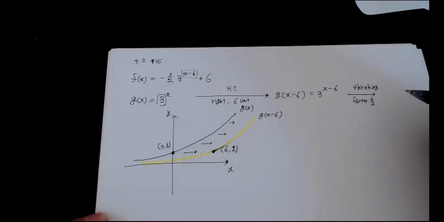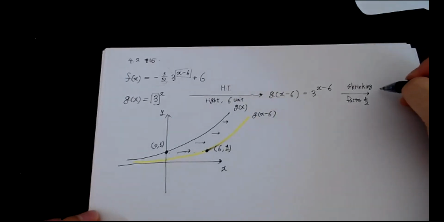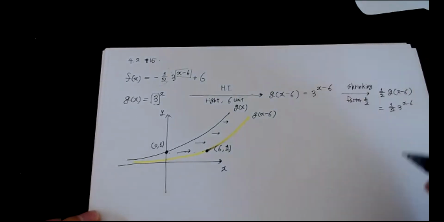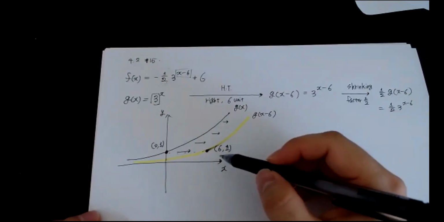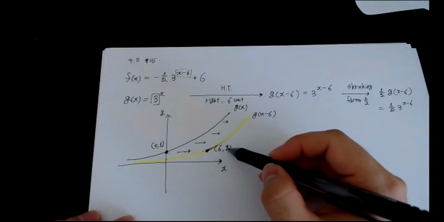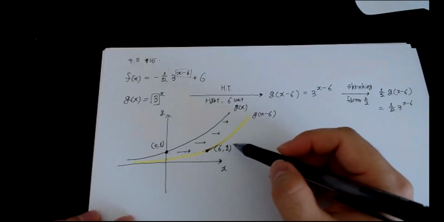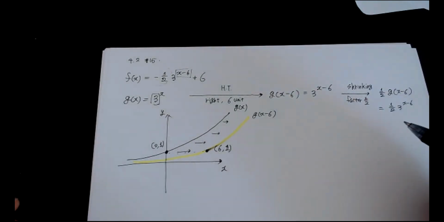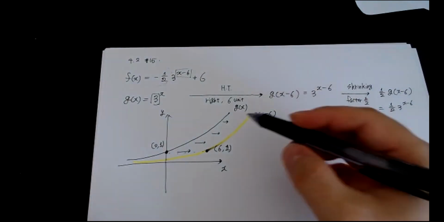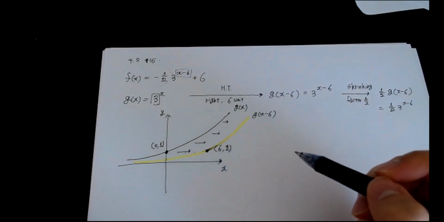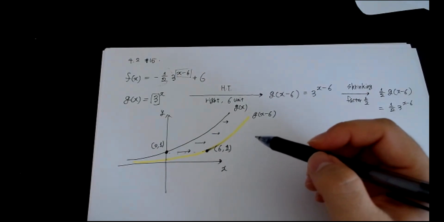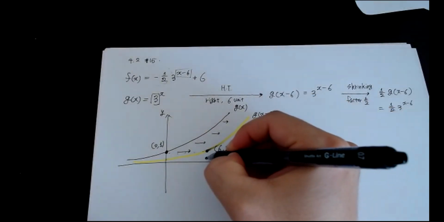So that's going to be 1/2 times g of x minus 6, which is 1/2 times 3 to the x minus 6. The shrinking means that for the same x coordinate, the corresponding y coordinate will be shrunk by a factor of 1/2. So that point 6, 1 will be transformed to 6, 1 times 1/2, which is 6, 1/2. So right here.